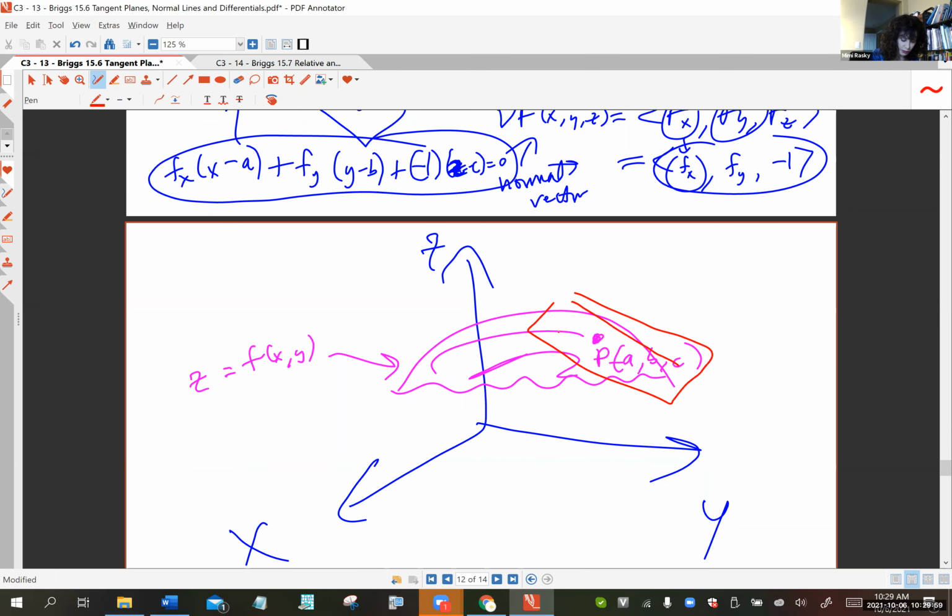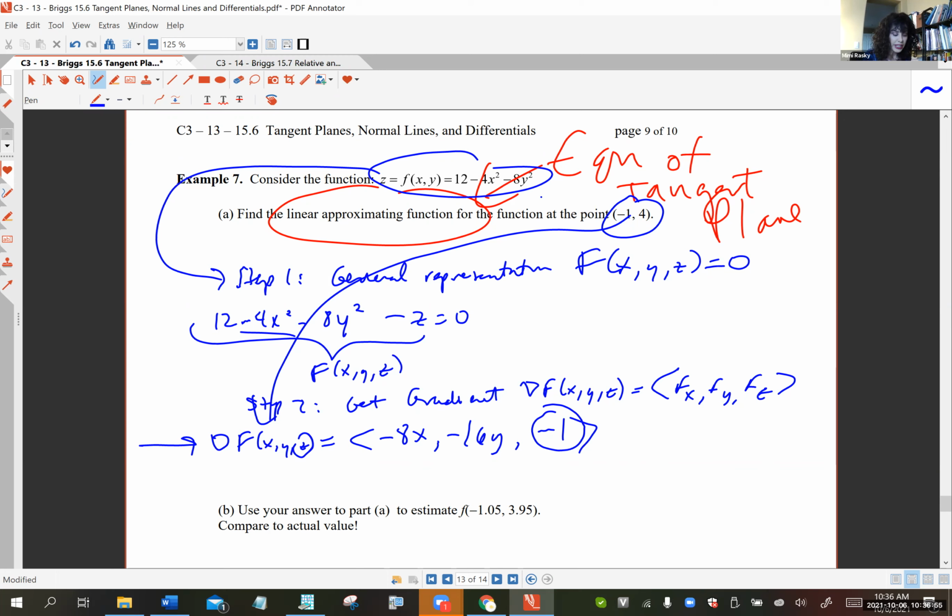So here's my gradient for this function, big F. Everybody can see that now, right? Okay. So if I evaluate when x is -1 and y is 4, you can easily find the z coordinate, but I'm not going to. It's f evaluated at negative 1, 4, some z coordinate.